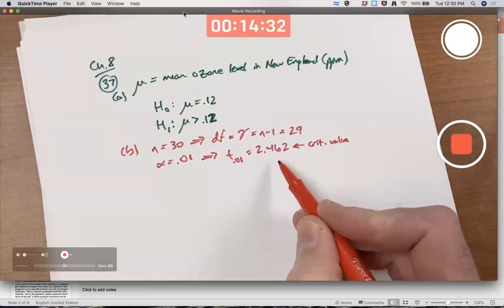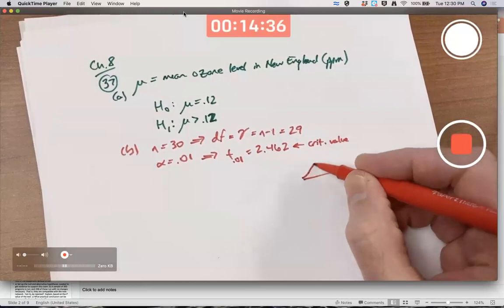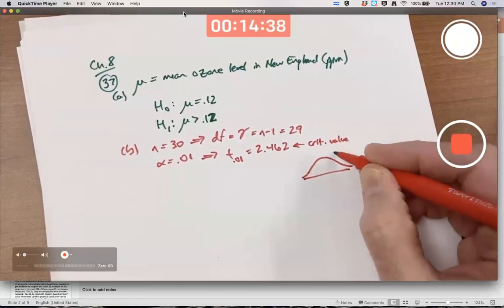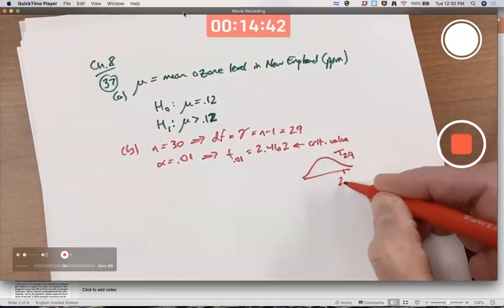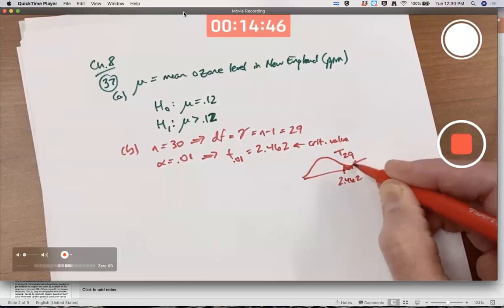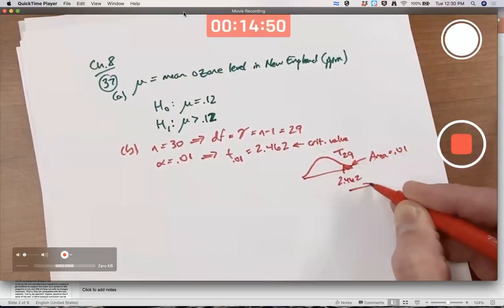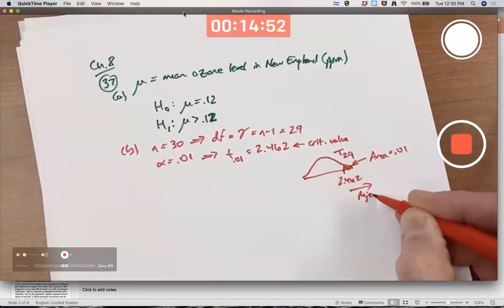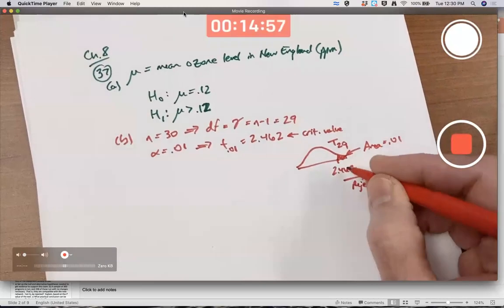That's what this means. In terms of a t distribution with 29 degrees of freedom, call it capital T sub 29, this number has the property that this area is 0.01, and you reject the null if the observed value of the t statistic is that extreme or more extreme.